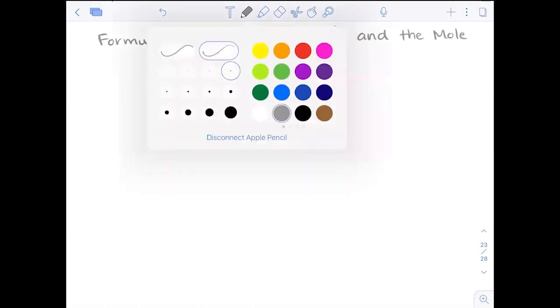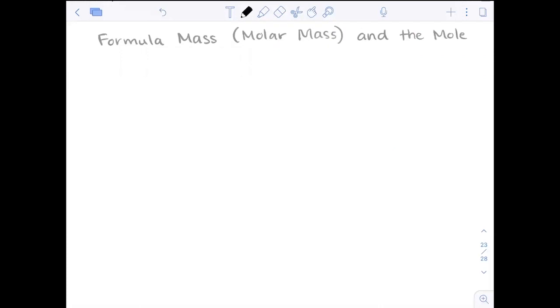We briefly discussed what the mole is. We're going to investigate it a little bit more now as it relates to the molecules and the compounds that we just have built up in this chapter.